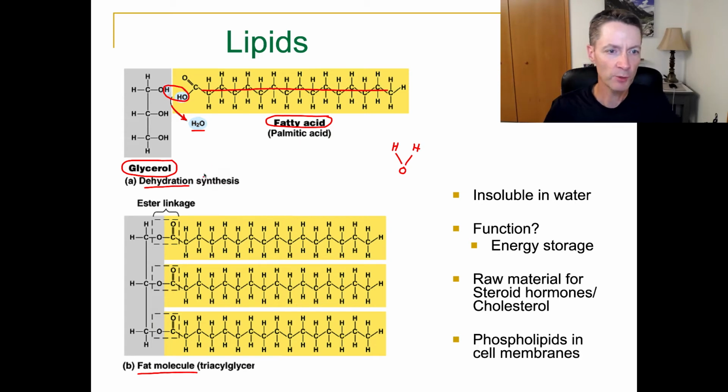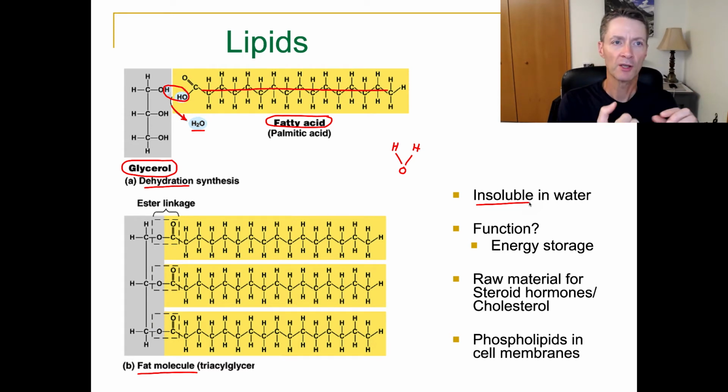So we've had dehydration synthesis, fatty acids join, and then imagine that happening twice more, and we have 3 fatty acids and 1 glycerol backbone. We've learned that this would be an insoluble situation, in other words, hydrophobic.